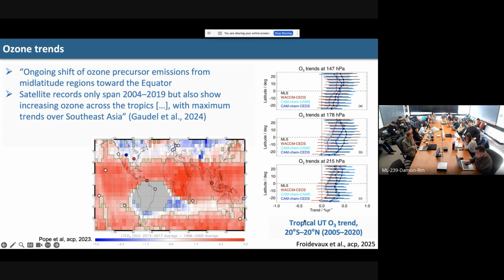They found tropospheric positive ozone trends that we reproduce better when we use the CEDS emissions rather than the CAMS emissions, with both WACCM and CAM-chem. So yeah, there was an increase, mostly of ozone precursors here, NOx, especially in Southeast Asia, with rapid economic growth in India and other countries.